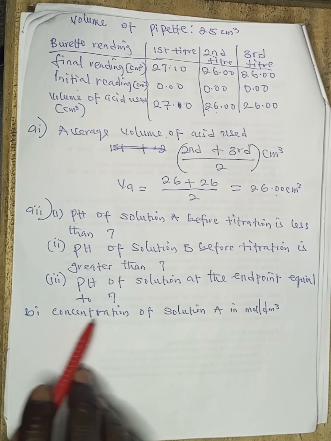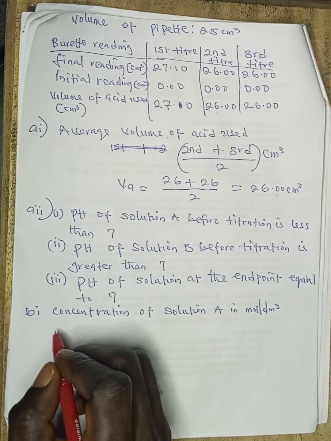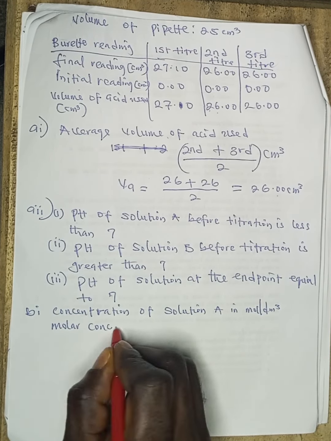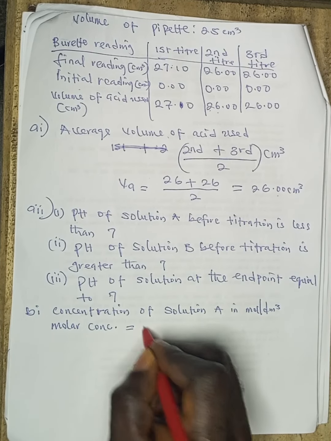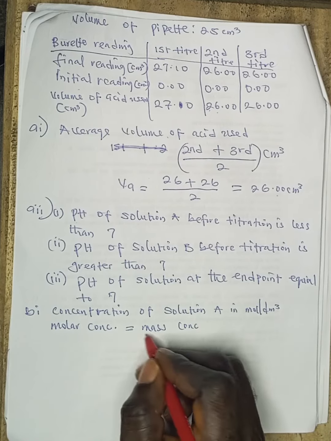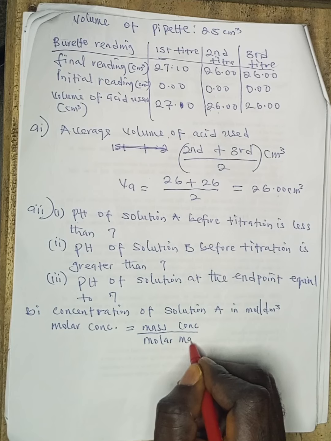Now we are asked to calculate the concentration of solution A in moles per dm³. I told you that when you are calculating concentration of solution A or B, you use two formulas. The first formula is molar concentration, which is equal to mass concentration over molar mass.